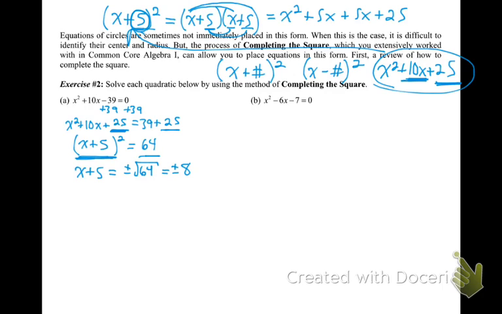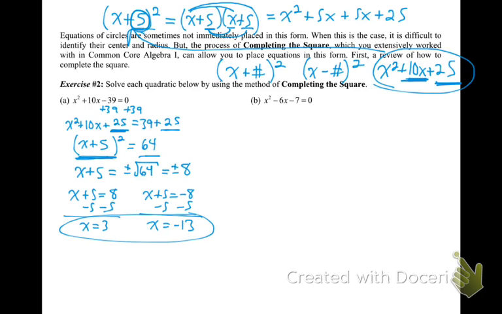Because I have a plus or minus, that gives me my two solutions. So I'm going to set x plus 5 equal to a positive 8 and set x plus 5 equal to a negative 8 to solve for my two solutions. Because it could be positive 8, it could be negative 8. Solving this further, I get x equals 3. Solving the other one further, I get x equals negative 13. Those are my solutions applying the completing the square method.